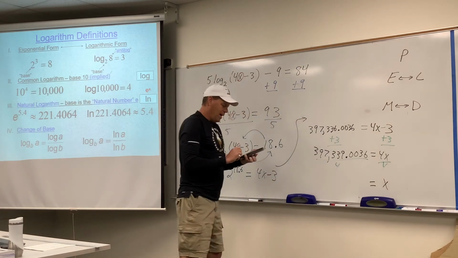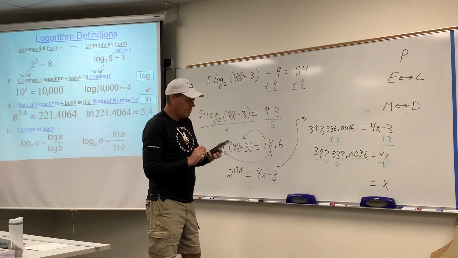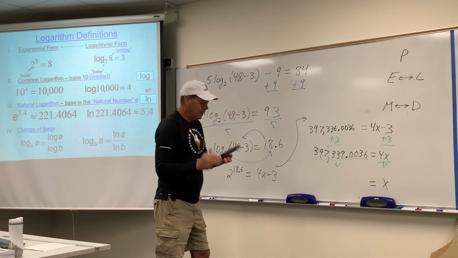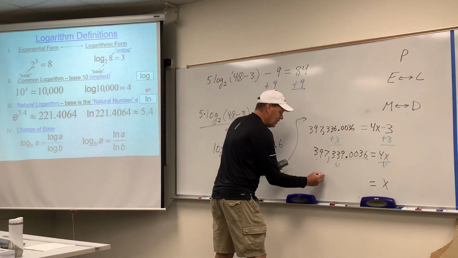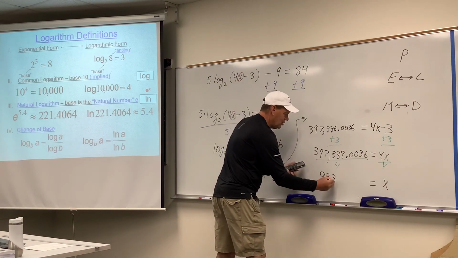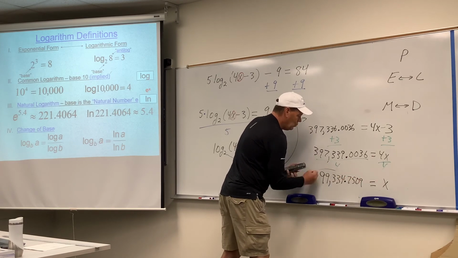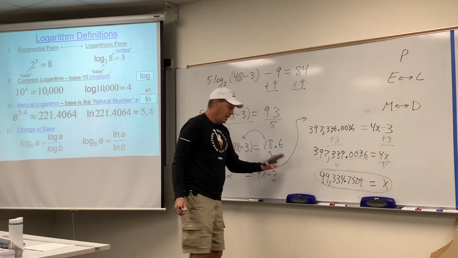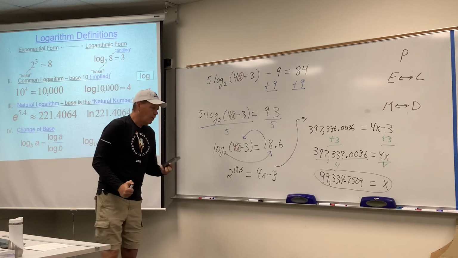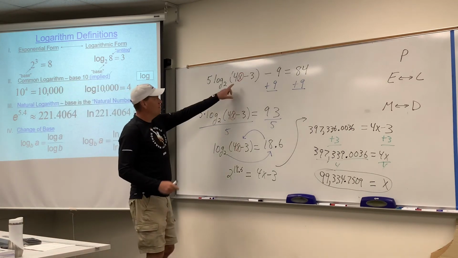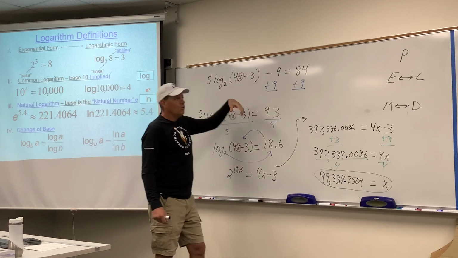All right, so doing those 2 remaining steps here, adding the 3 followed by divide by 4. In my experience, once we get to this point, folks do just fine. And it looks like x would be equal to 99,334.7509.